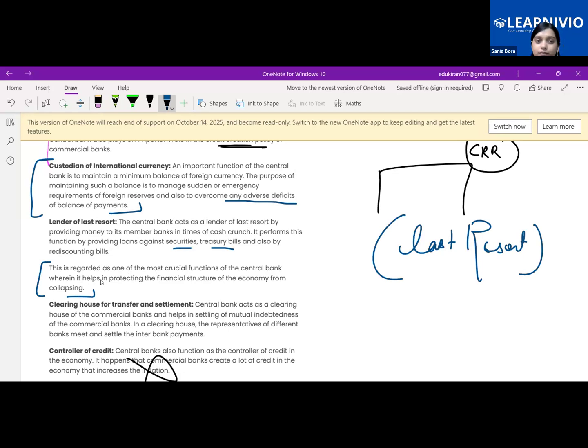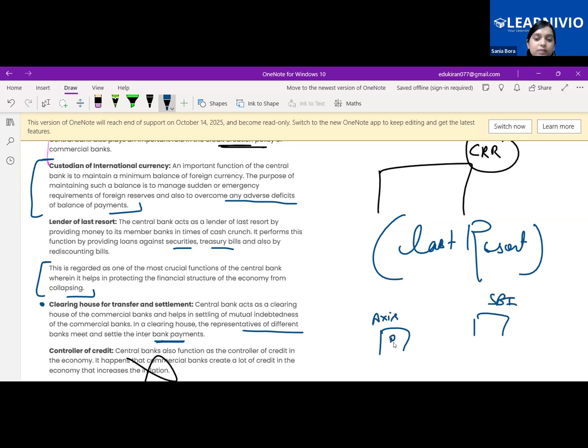Got it? Now, clearing house for transfer and settlement. The central bank acts as a clearing house of commercial banks and helps in settling the mutual indebtedness of the commercial banks. In the clearing house, the representatives of different banks meet and settle interbank payments, right? Let's take an example. This is Axis Bank and this is SBI.